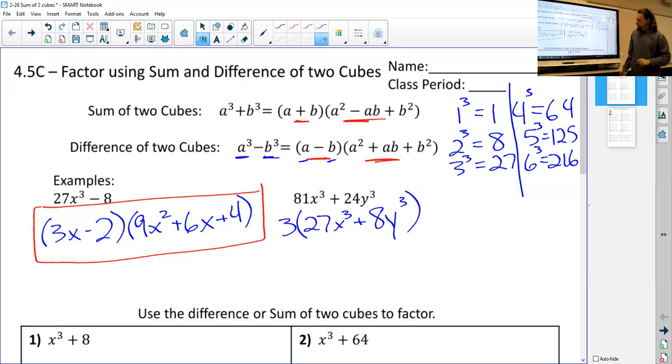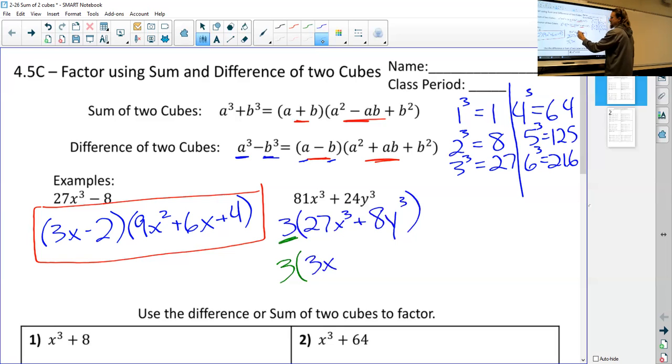Okay. So now I have 27x to the third plus 8y to the third, and that's what we just did, so that's nice. So we can factor it. Don't forget about this 3 on the outside, so we're going to bring that down. And then it's the same thing we did before. The cube root of 27 is 3. Cube root of x to the third is just x.